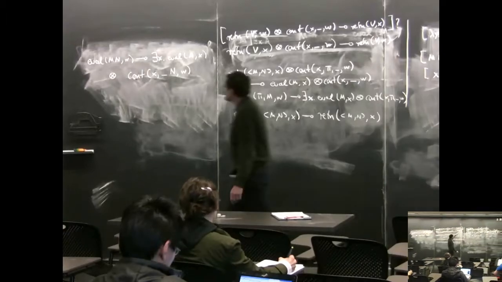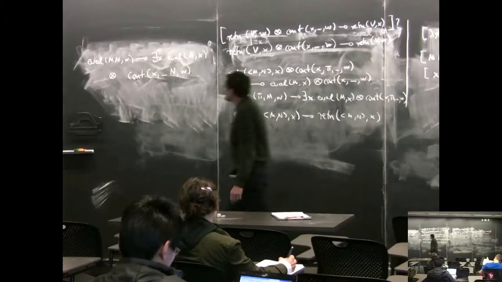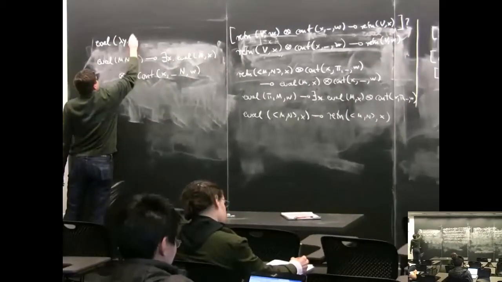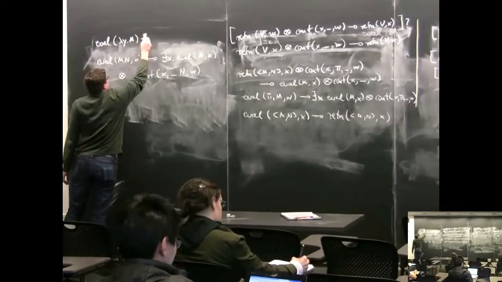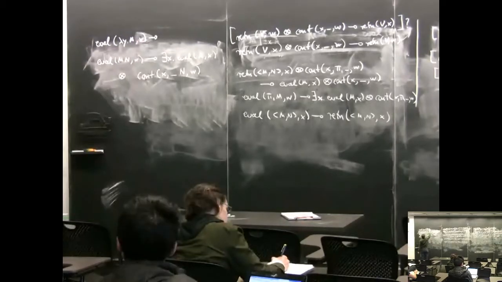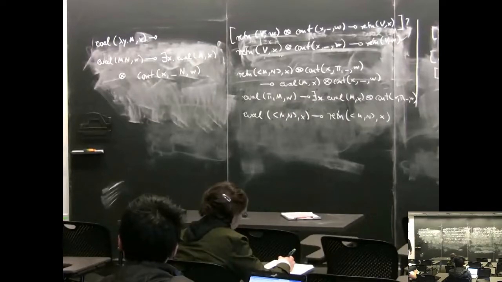Now we have to translate the first line here. So let's put that over here. To evaluate a lambda expression with destination X, what do we do? Well, we can't really quite do anything.